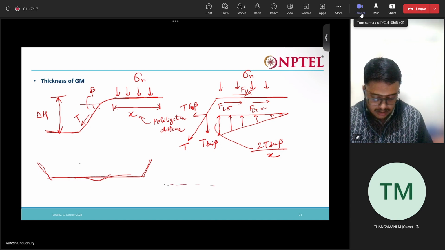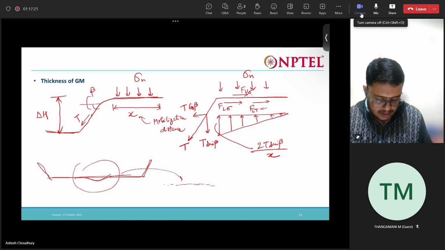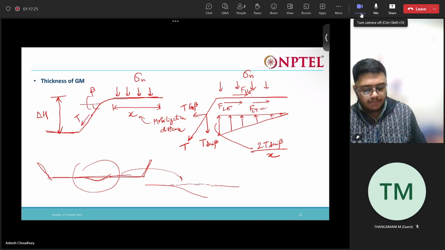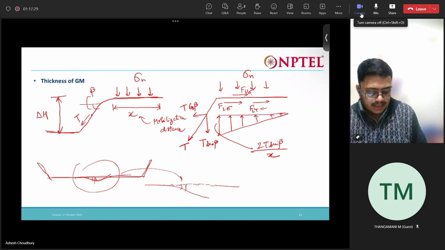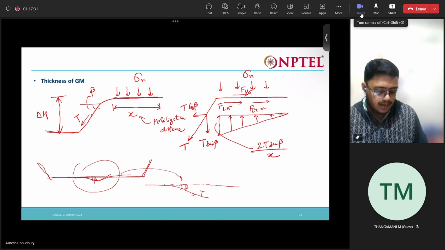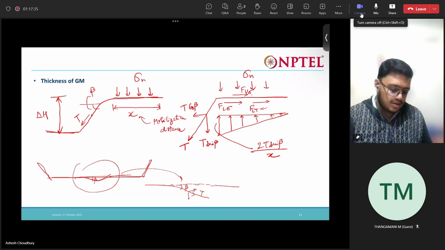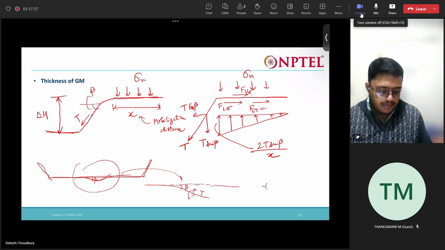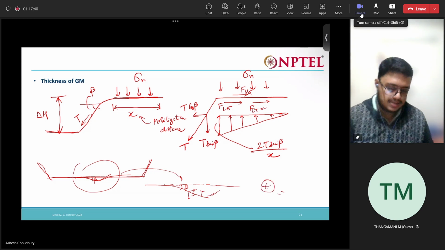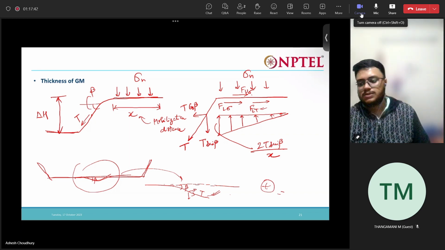If I zoom into this portion, initially it was like this, but now there is some settlement. This settlement angle is nothing but beta. Due to this settlement, there is some tension that is mobilized, right? So we need to design the T considering this possible settlement.